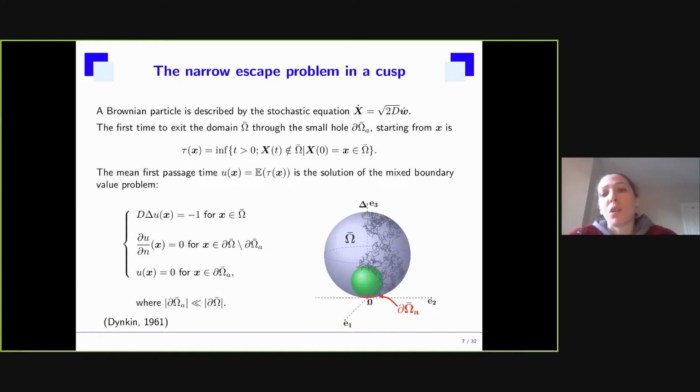Which means that the Brownian particles are calcium ions, and we're going to look at the first time for these calcium ions, these Brownian particles, to escape our domain through the red boundary. So the blue would represent the presynaptic terminal, the green would represent the vesicle, and the red would represent the SNARE complex.